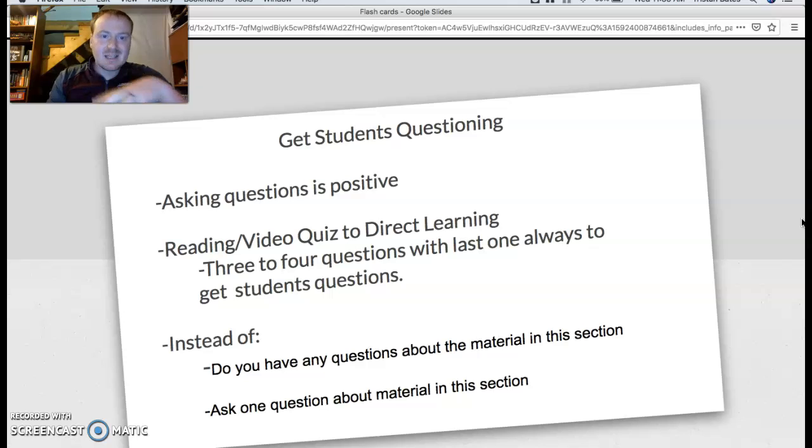Instead of asking, do you have any questions about the material in this section, which most students will answer with no, ask for one question about material in this section, because now you're forcing the student to actually think about the material and formulate what they didn't understand. What is the most confusing aspect of this material? And then ask a question related to that. That's definitely one of the things I do.